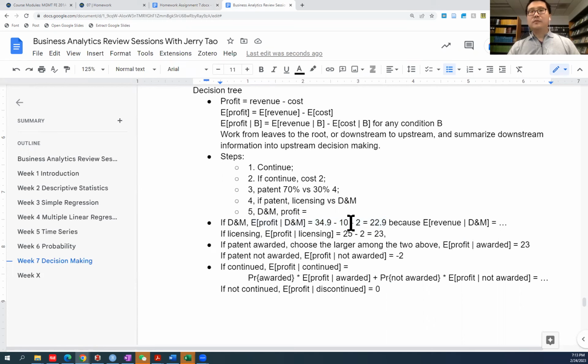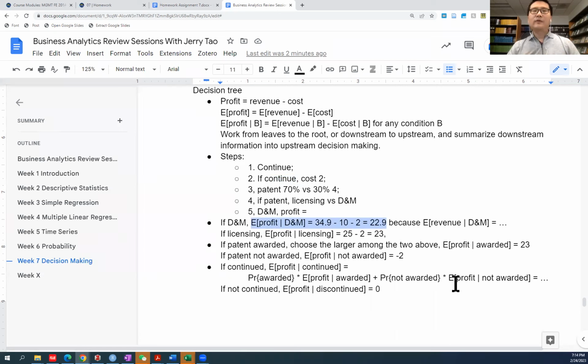I also removed the $2 million cost of continuing the project. This is obvious because if we already go into the decision that we do the development and the marketing step, then it necessarily means we continued the project, and it would mean that there's another $2 million because we chose this branch. Any question here?